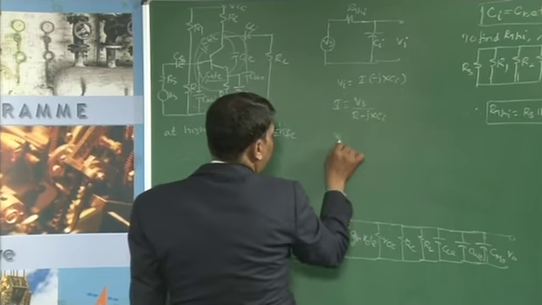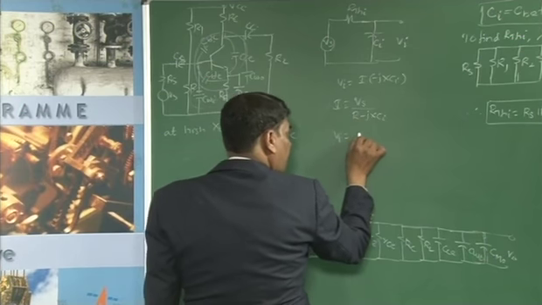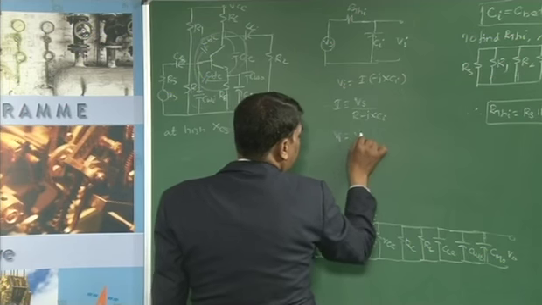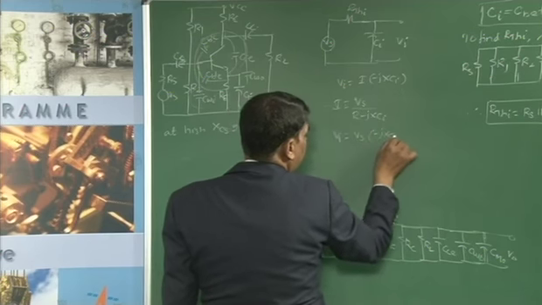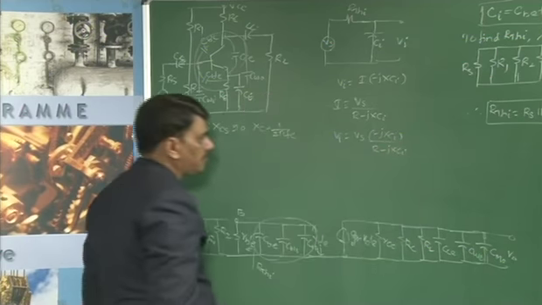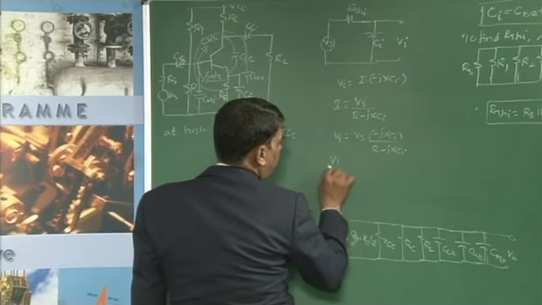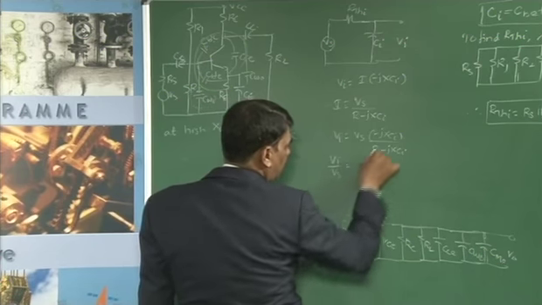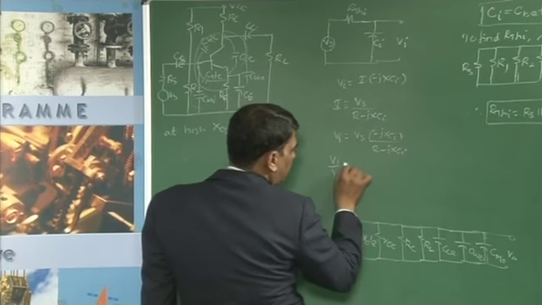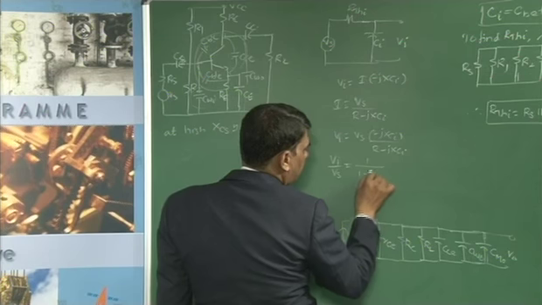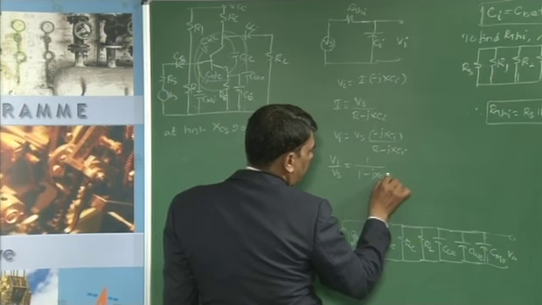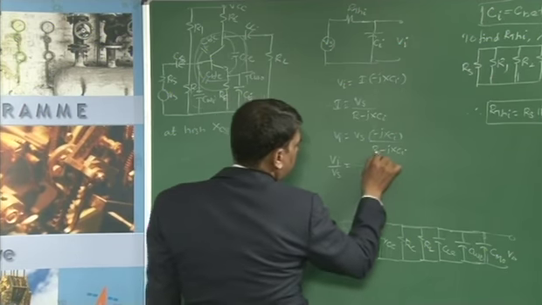Substitute here, Vi is equal to I, you have to substitute the I value, that is nothing but Vs into minus jXci divided by R minus jXci. If you take the ratio Vi by Vs and divide both the numerator and denominator by minus jXci, you are going to get 1 divided by 1 minus jXci into RTHI.